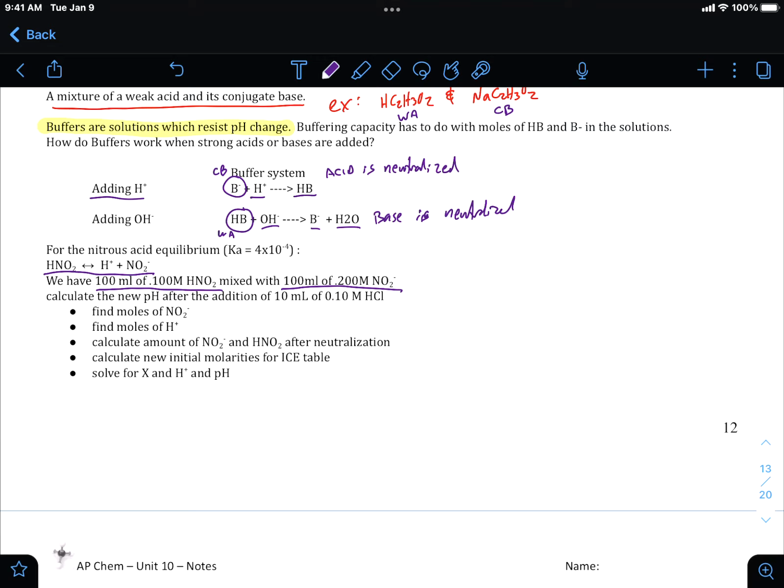So let's set up a nice table. Okay, so this is a nice table, and I am mixing two solutions together. You guys know by now that whenever you mix two solutions together, you have to recalculate what you think the initial concentration is. All right, so we got to find moles of both.